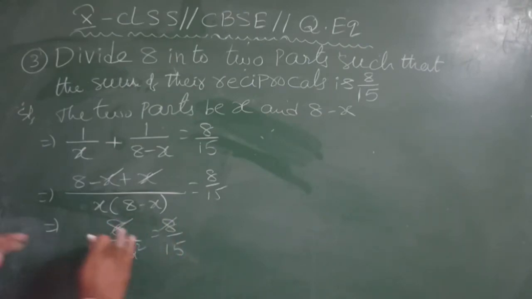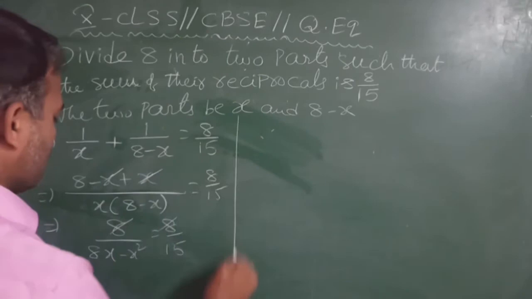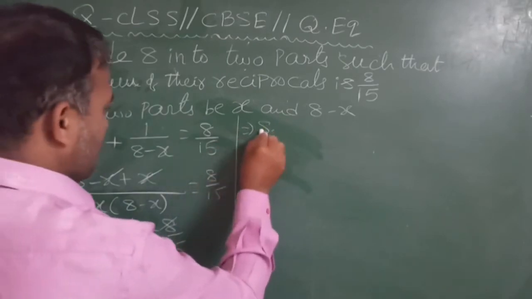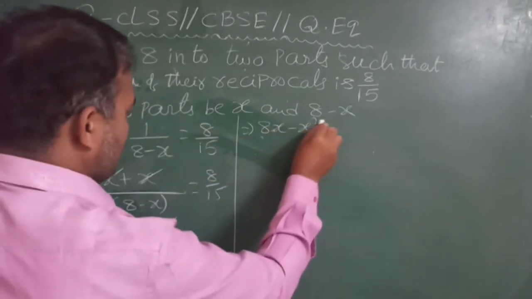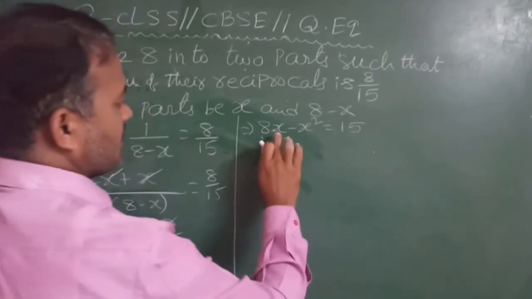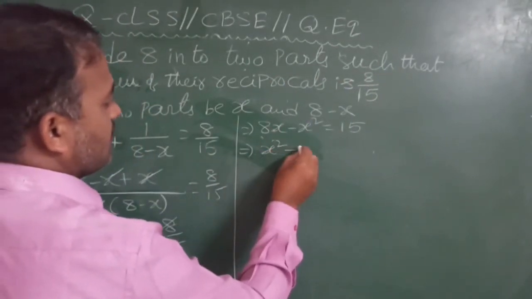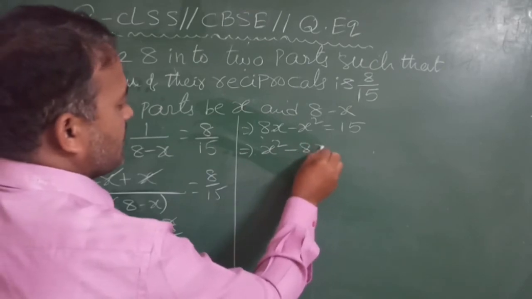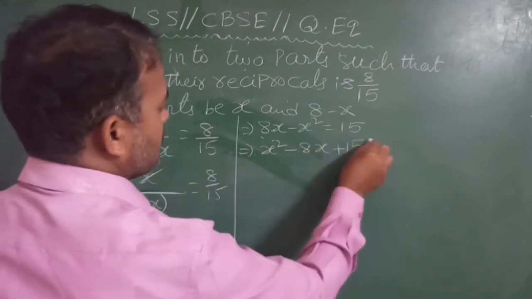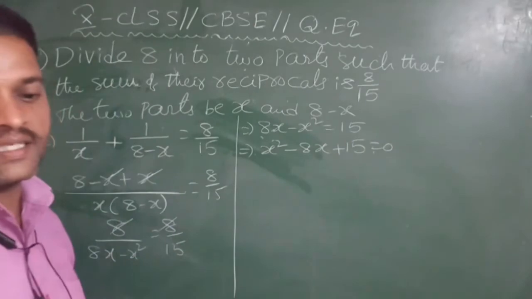The 8 gets cancelled, so both reciprocals you should take. That implies 8x minus x square is equal to 15. Send these values to that side: x square minus 8x plus 15 equals 0. So you get a quadratic equation.